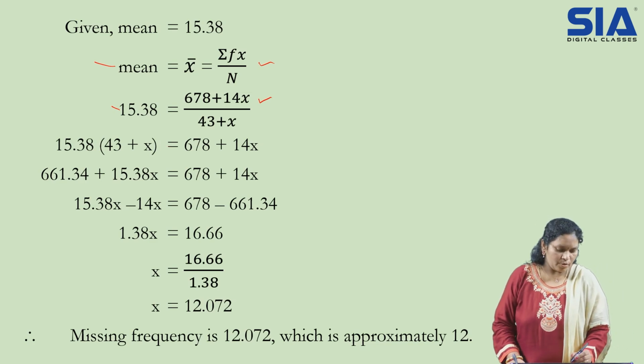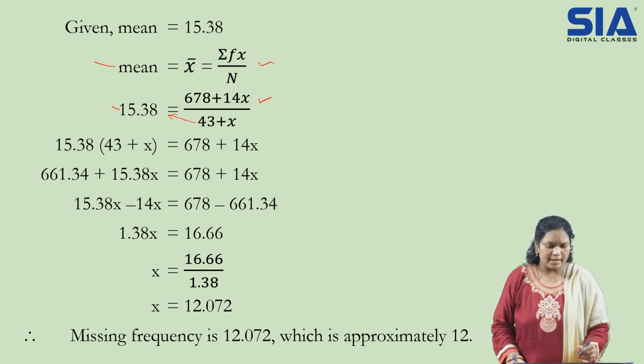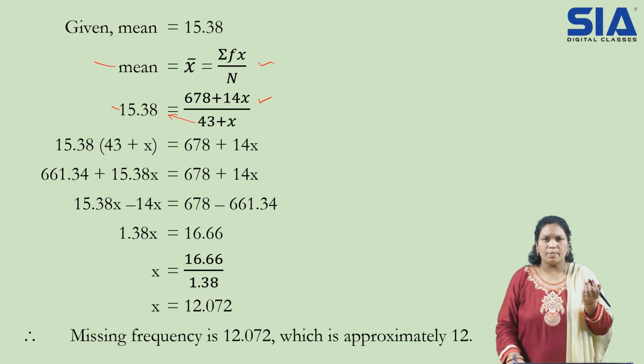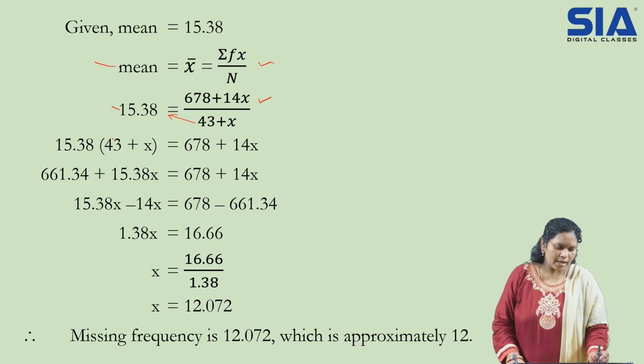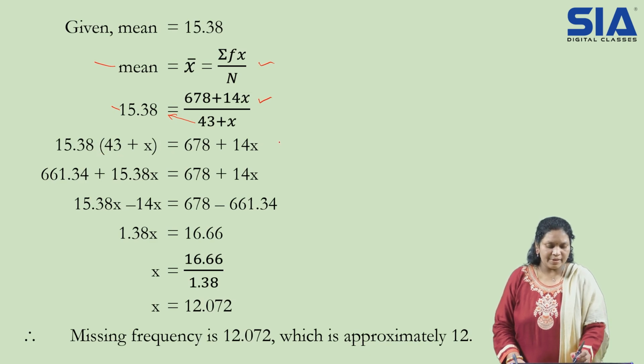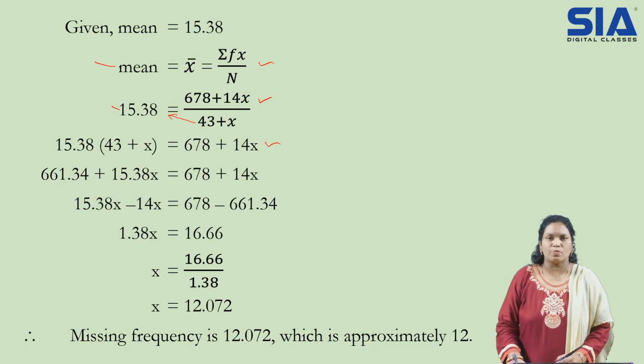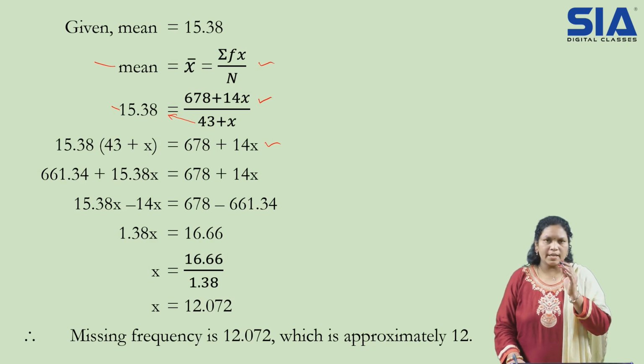So what I am doing here is considering 15.38 as it is. The downside value, whatever you have, I want to take to the other side. So what happens? Division goes to multiplication, right? So 15.38 into (43 plus x) is equal to 678 plus 14x as usual. I'm not doing anything to that, the numerator remains as it is.